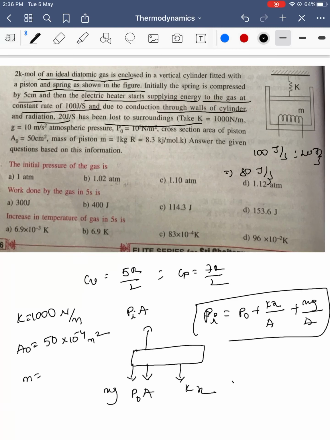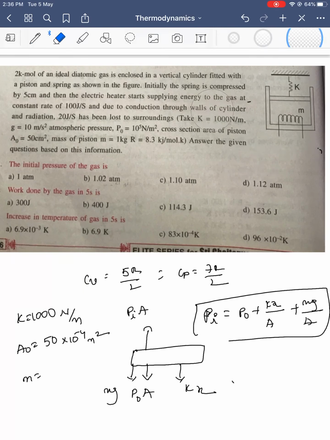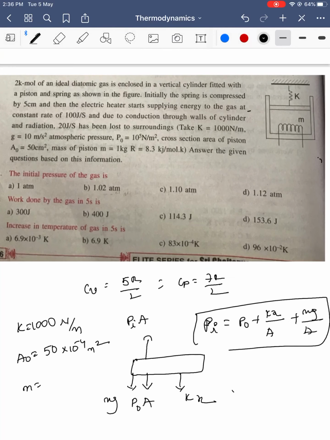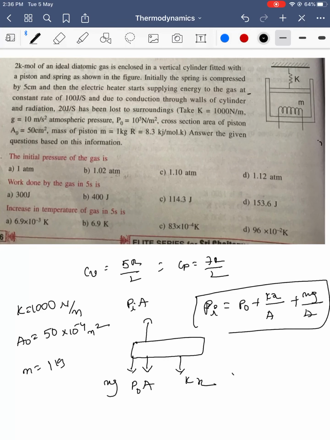So after realizing everything, you can pause the video, note down the question and try to do along with me. So mass is equal to 1 kg, and the initial pressure we can get. So what is P naught? 10 power 5, plus K is known, 1000, into the x value which is also given. How much is it displaced?